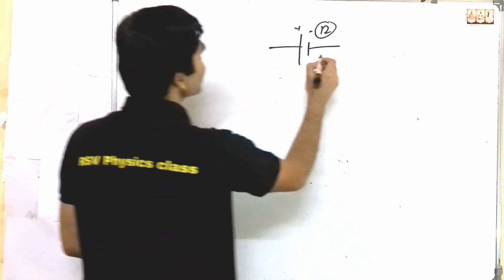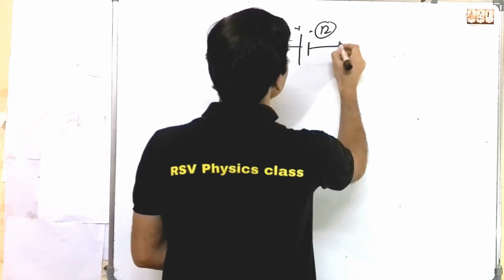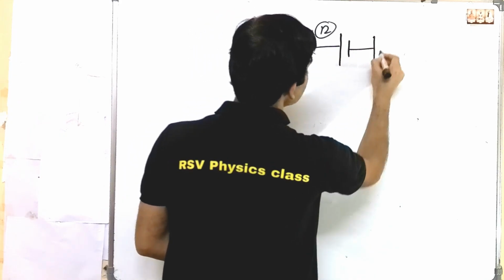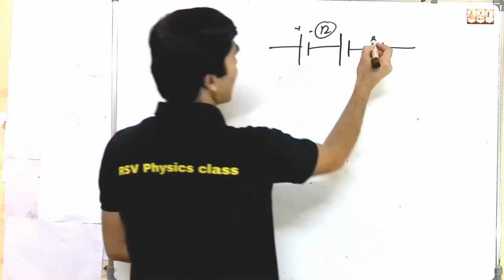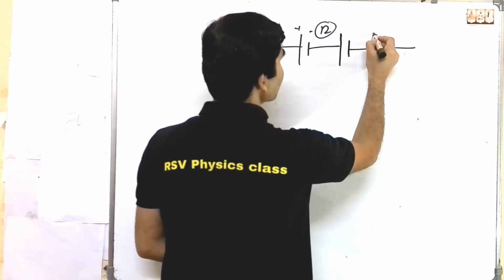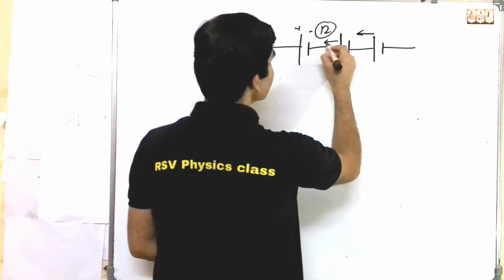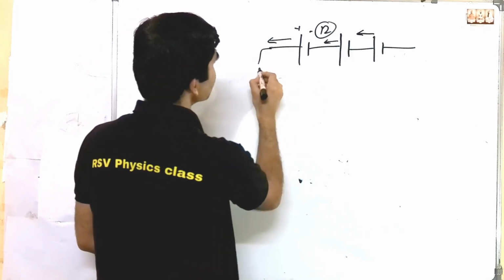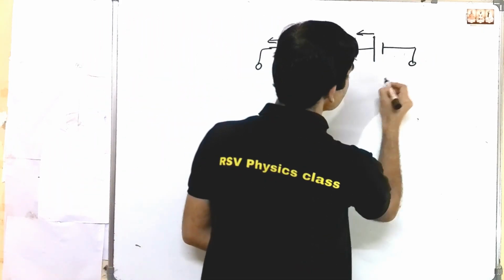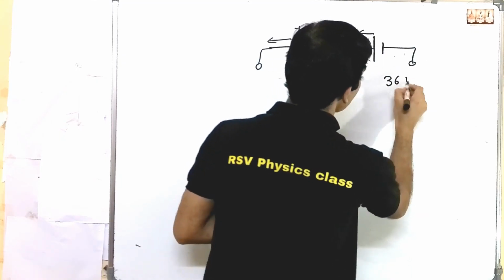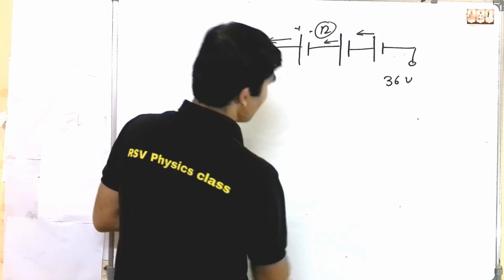So you have to connect them in this combination so that current will flow in the same direction. The current of this goes here, the current of this goes here. In this combination, the voltage between this port is 36. This is 36 volt. This is the series combination.